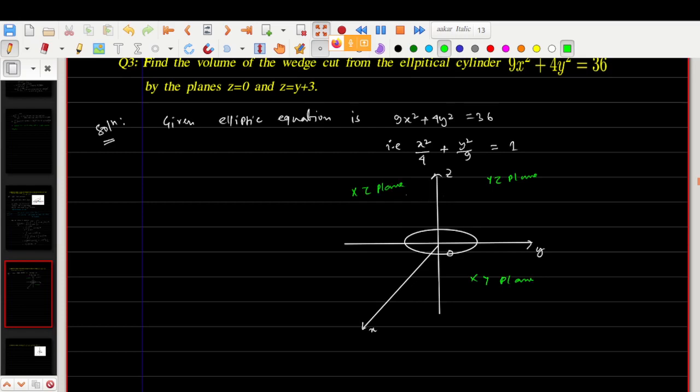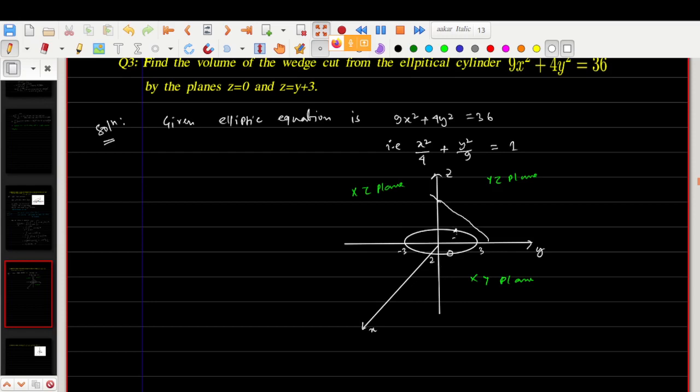Now, given the elliptic equation, what will the plane look like? It will look like the last picture I had, z equals y plus 3. So this will be 3 and this is minus 3 and this is 2.